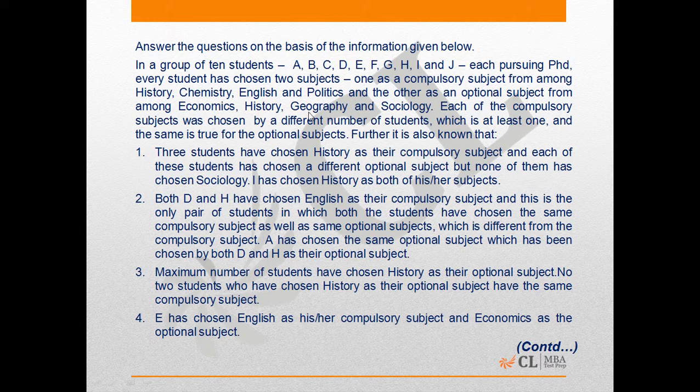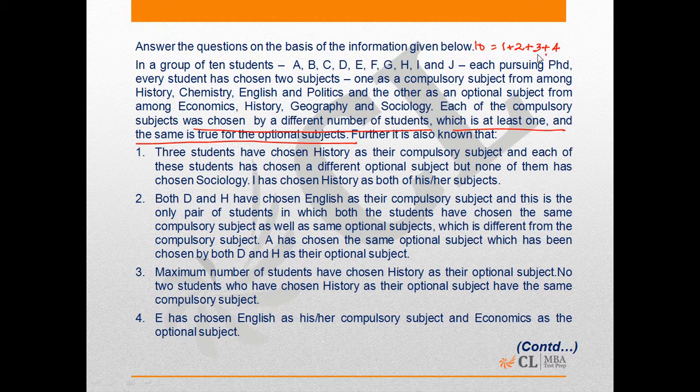Okay, so just by reading this line, each was chosen by a different number of students, which was at least one, and the same is true for the optional subjects. There are a total of 10 students. So if one student has chosen one subject, two students will have to choose the other, three students will have to choose the same subject, and four students will have to choose the fourth subject.